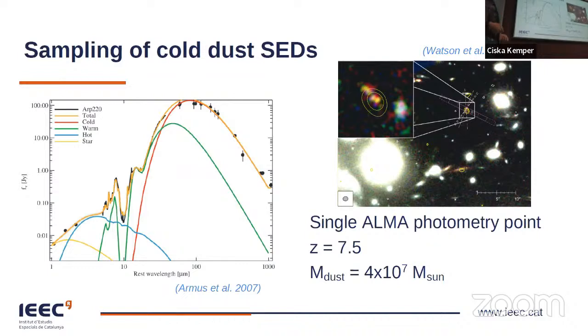But in some cases, the number of photometry points that have been fitted is very small, just 5, 4, 3 photometry points for 3 parameters, right? In one case that I know of, in 2015, a single photometry point was fitted. So they just assumed a beta, they assumed a temperature. And of course, then, yes, you produce a dust mass, but what is the meaning of this, right?